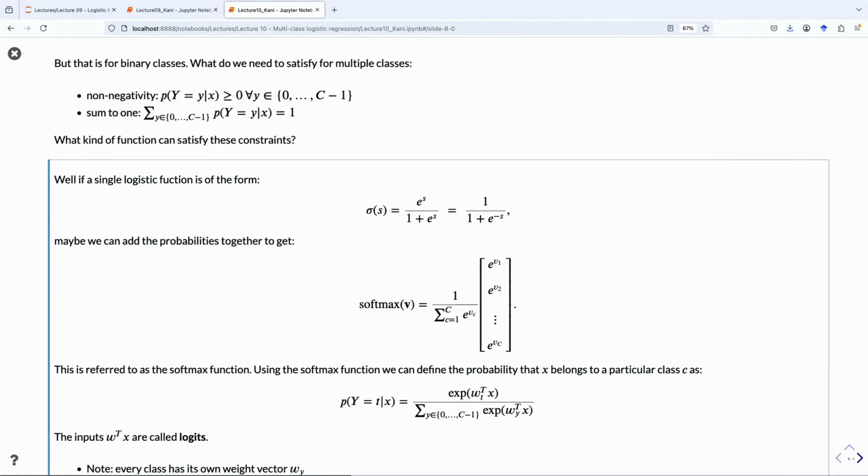Because an exponential grows so rapidly, even if this wx is only slightly larger than w0x, that slightly larger is significant when it's raised to an exponential. So whichever label has the greatest wx is typically going to have the highest probability among all the probabilities by a lot.